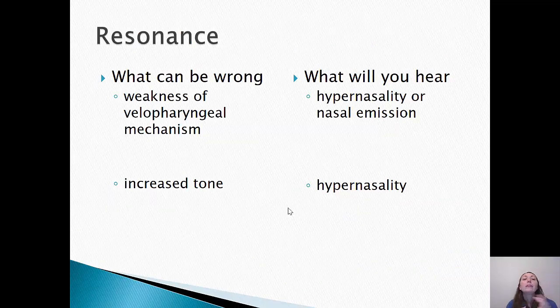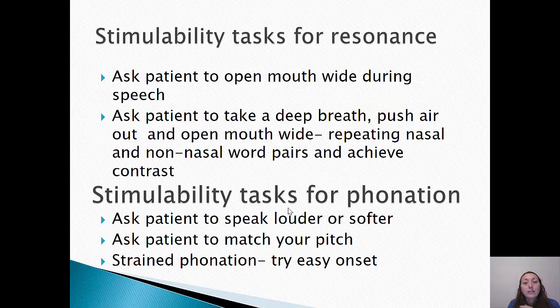If you're hearing hypernasality, what could that mean? Reduced velopharyngeal closure, increased tone. So here are some ideas. Again, there's no need to memorize these, but here are some ideas to check stimulatability for resonance and for phonation. Very simple tasks in the moment to see if that will change some of these.